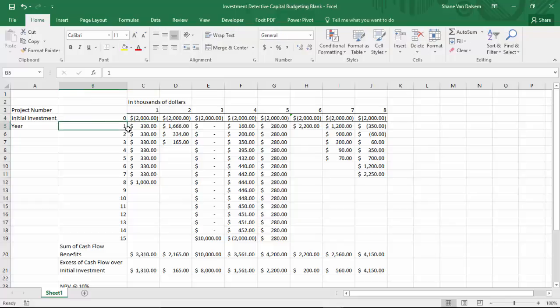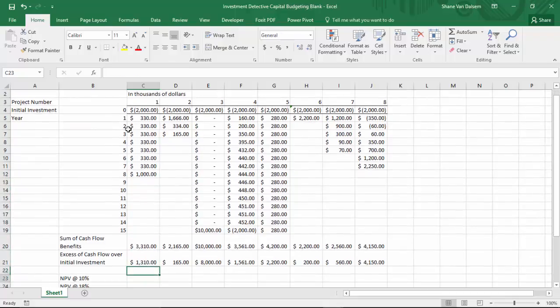So that would be today. And then for each year, we would have a positive cash flow of $330,000, and then in year 8 we would have $1 million that we would receive in cash flows.